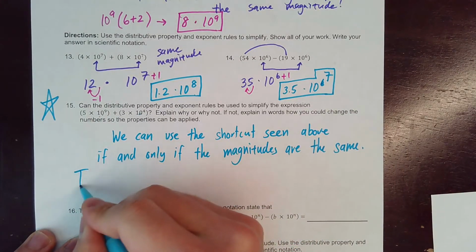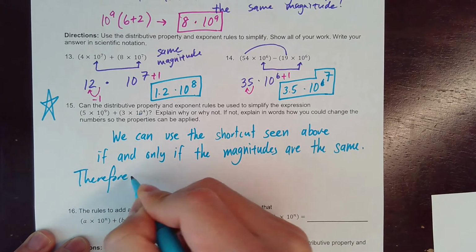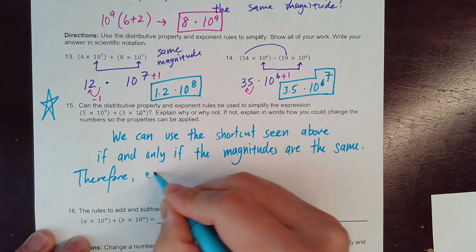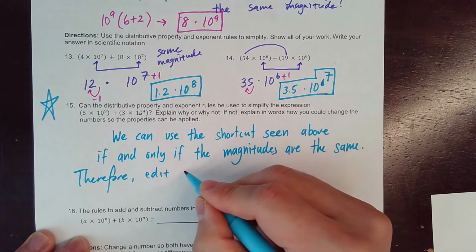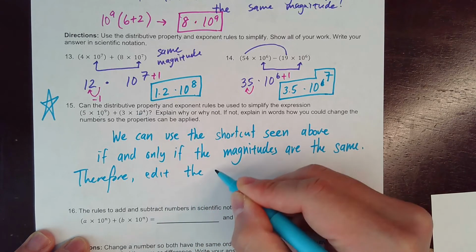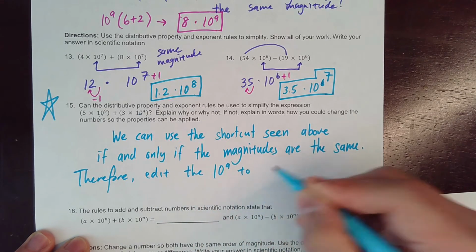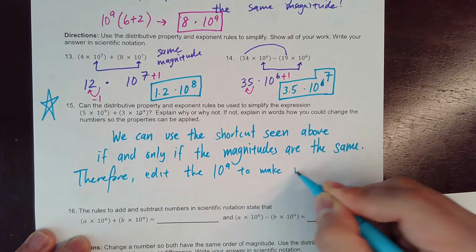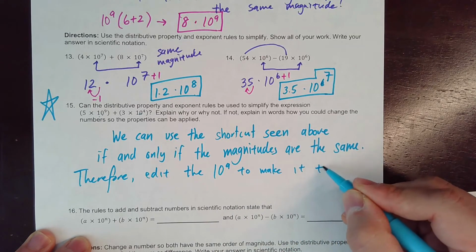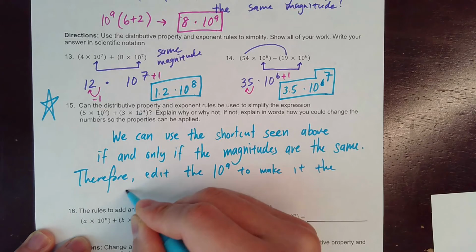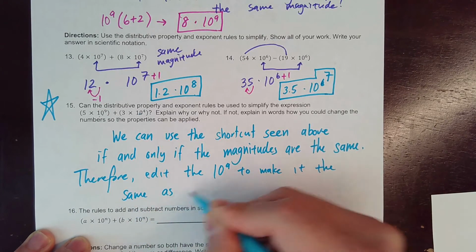Therefore, edit the 10 to the 9th to make it the same as the other group.